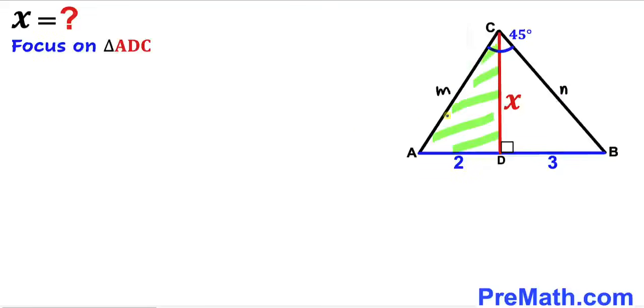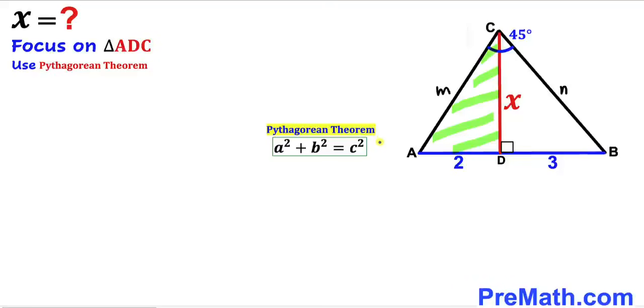Here's our next step. Let's focus on this right triangle ADC, and apply the Pythagorean theorem: a square plus b square equals c square. Our hypotenuse is m, whereas our two legs are 2 and x. So x square plus 2 square equals m square.